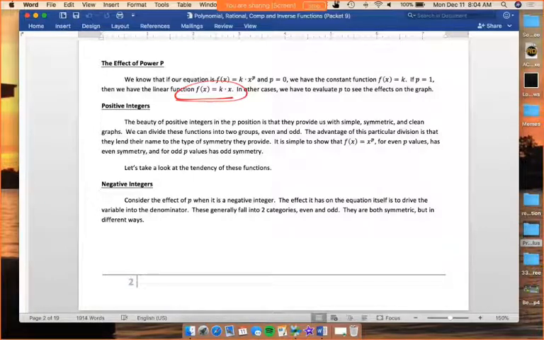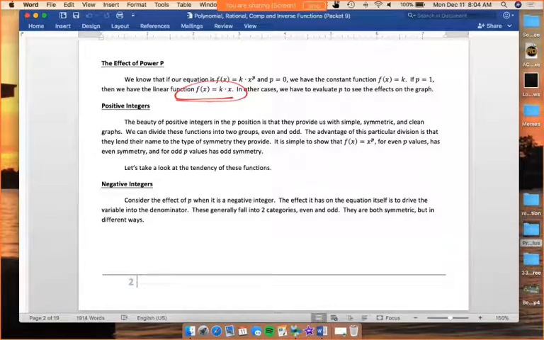We have basically polynomials that are not shifted, not changed in any way. They pass through the origin, and they provide us with a nice perfect symmetry, either even symmetry or odd symmetry.